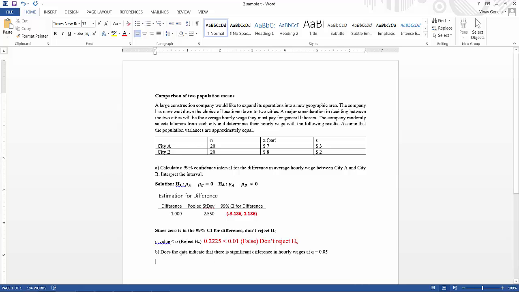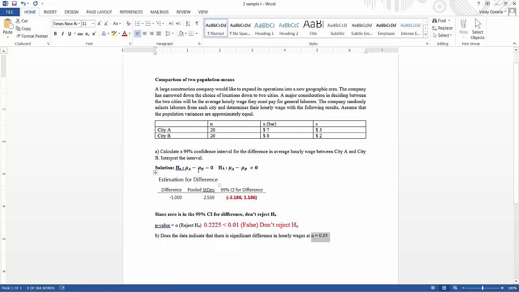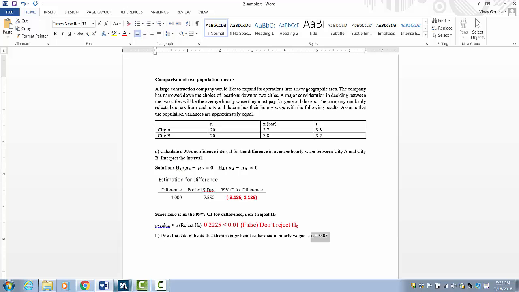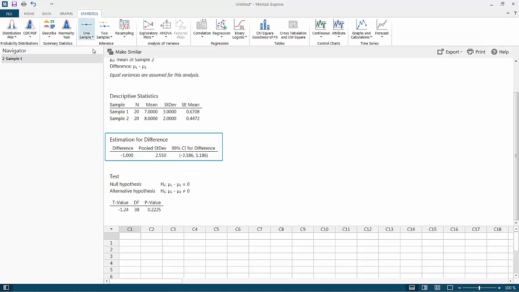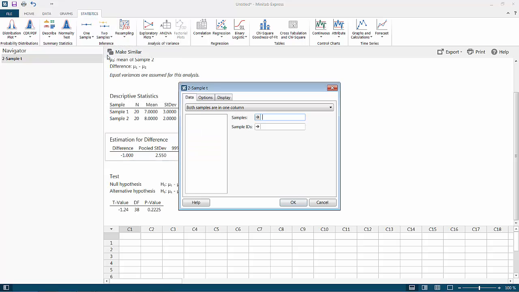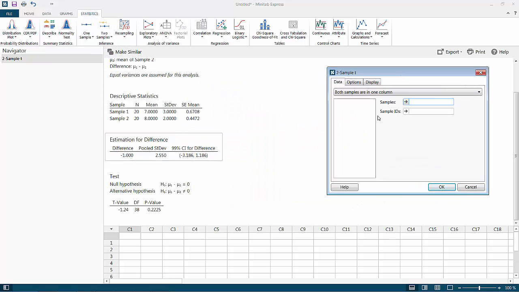So we can solve another problem. Now they are asking for a significance level of 0.05. So again, our H null and H alternative would be the same. However, I will go again to Minitab and to two sample T. Again, I have summarized data.